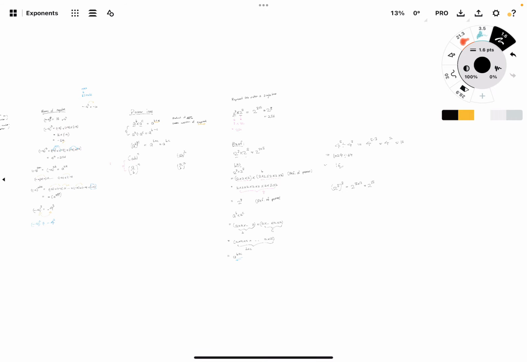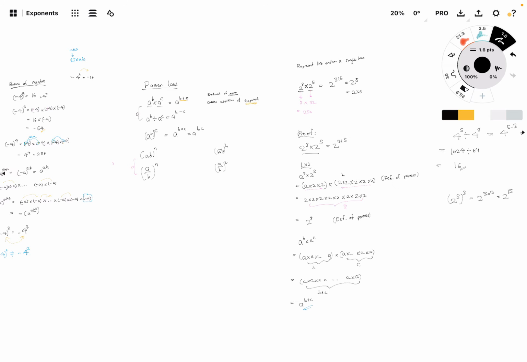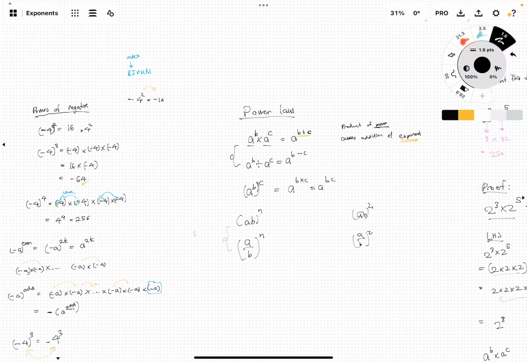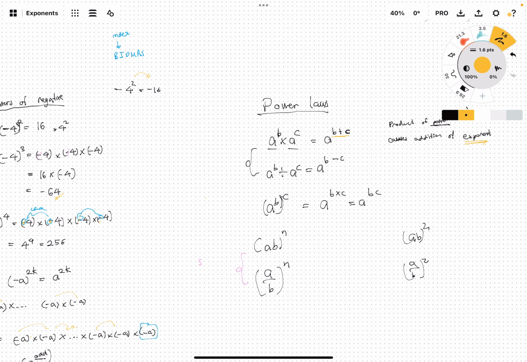So that is the power of a power. This law is called the power of a power law. So the name of this is power of power. Sorry, that is not visible at all. Let me do a different color.